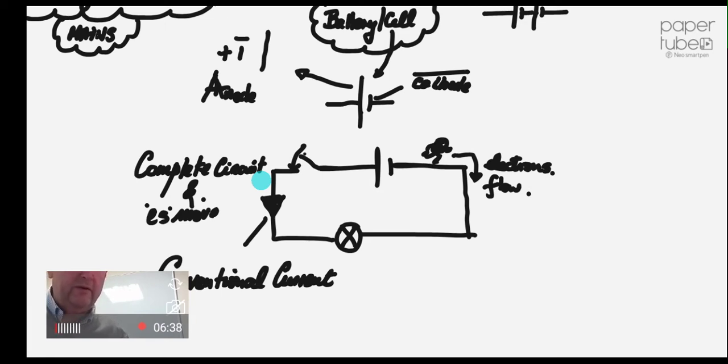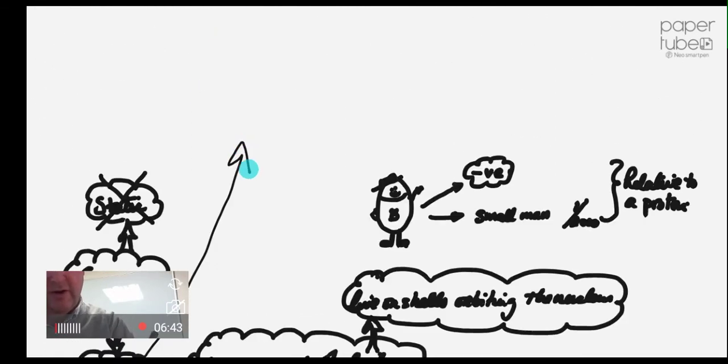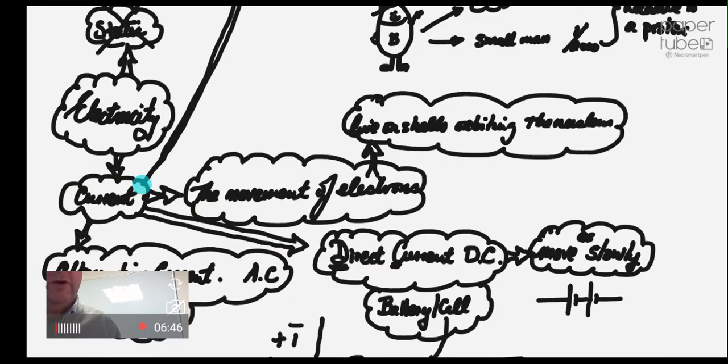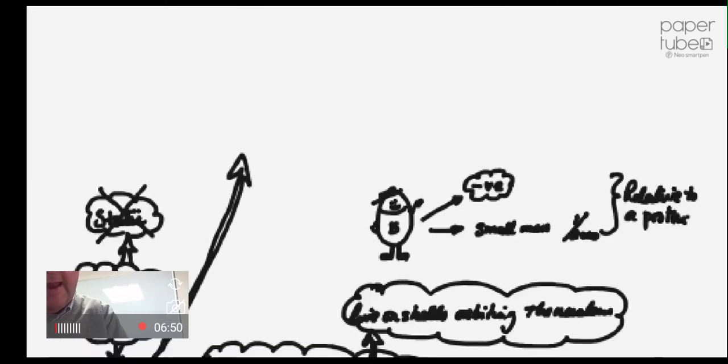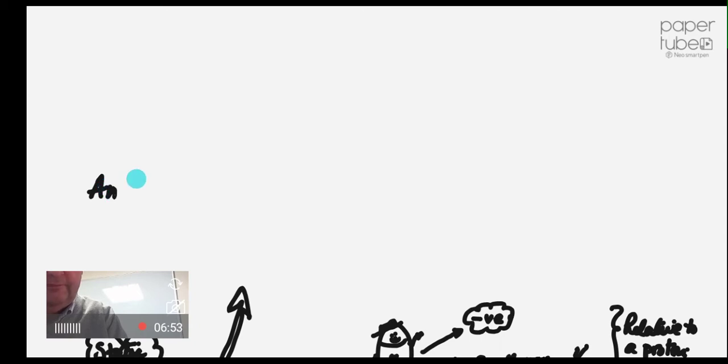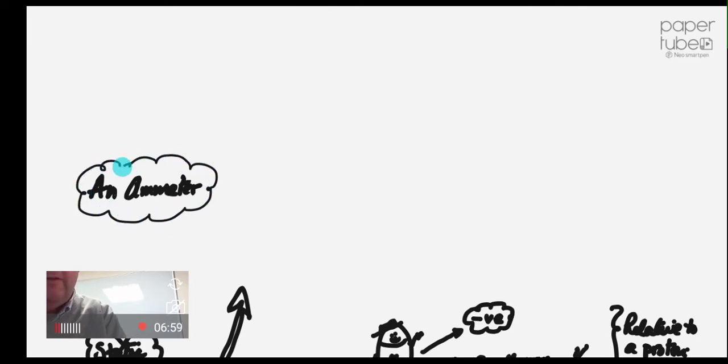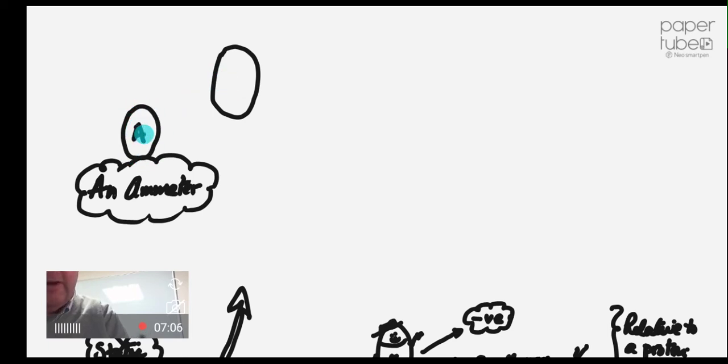Now we'll talk about devices for measuring current. We're going to look at two devices. We're going to look at an ammeter. Again, look at the spelling of it. It's not an ammeter with a different spelling, it's ammeter. And the symbol for an ammeter is a big A. And we think of Agatha the ammeter.